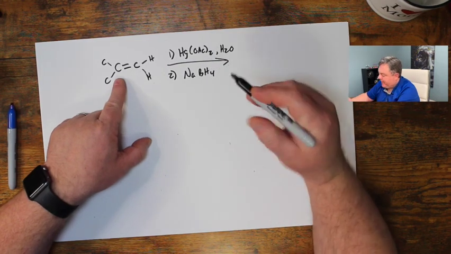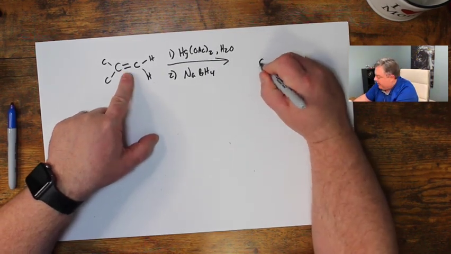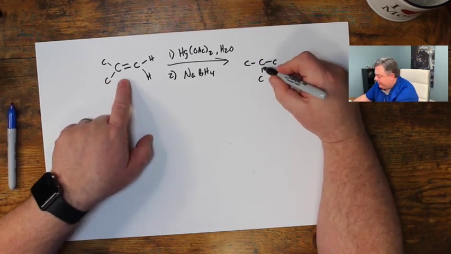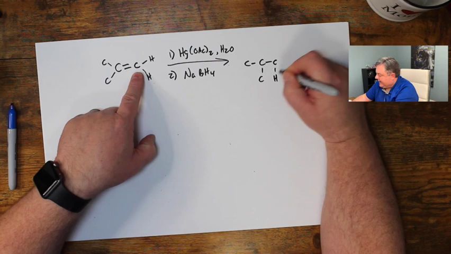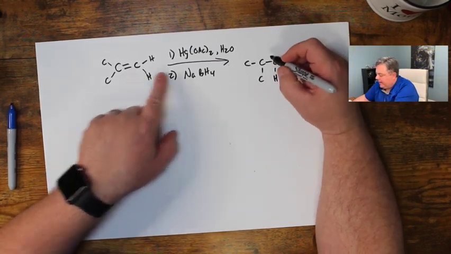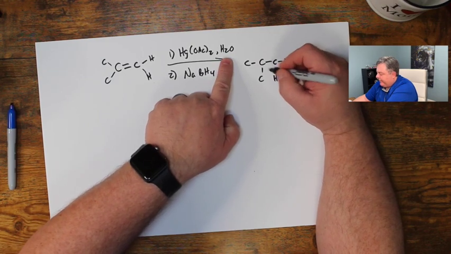Markovnikov alcohol. That means this double bond reacts, so let me draw everything else on here. So two carbons on the carbon on the left, two hydrogens on the carbon on the right, and we add water across this double bond.